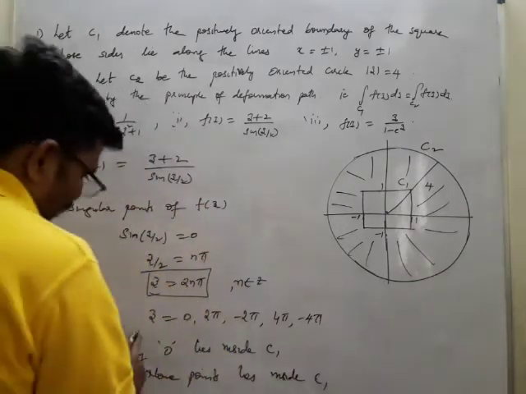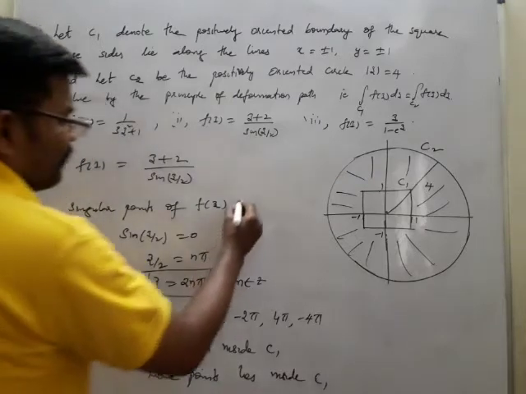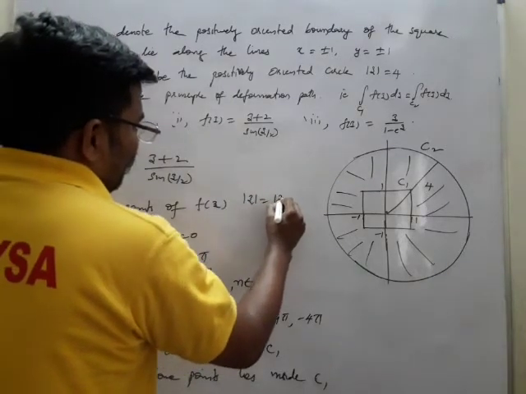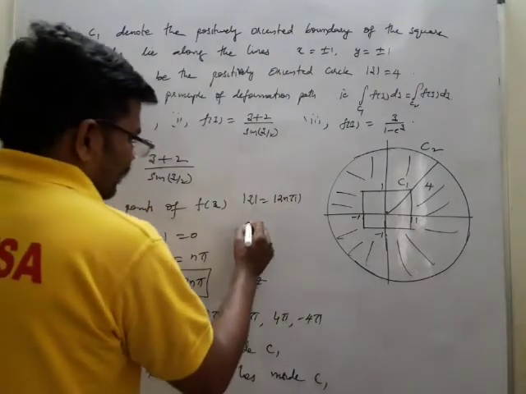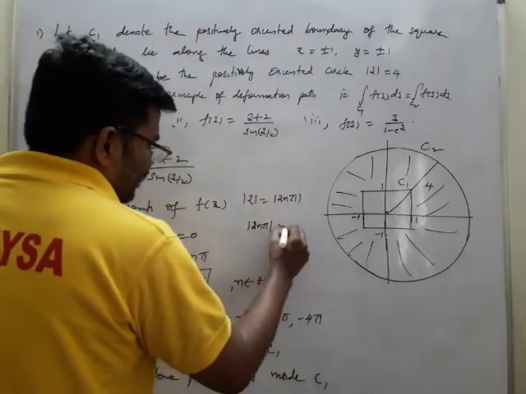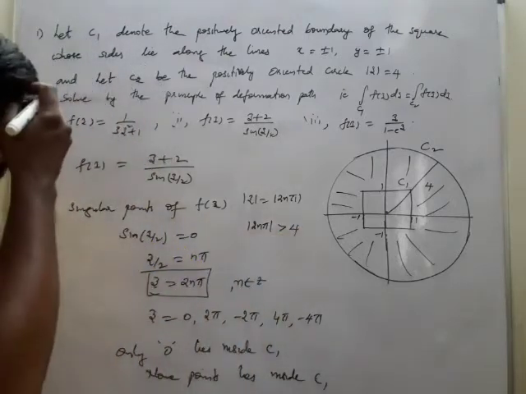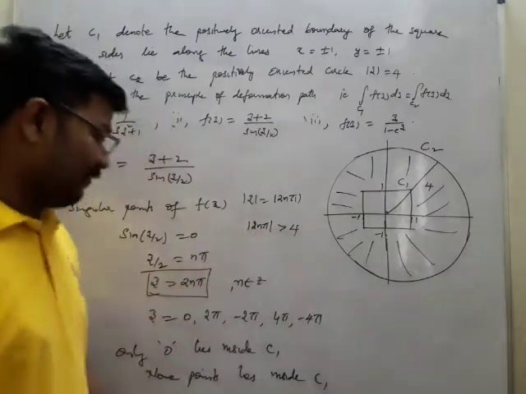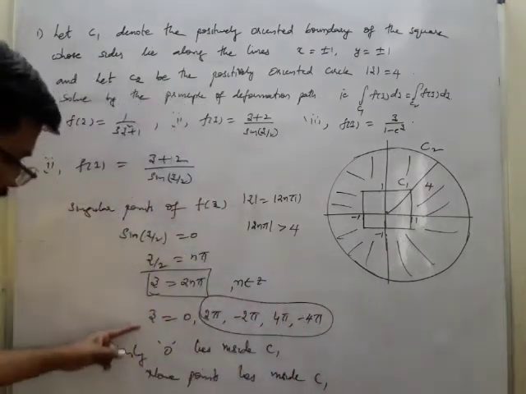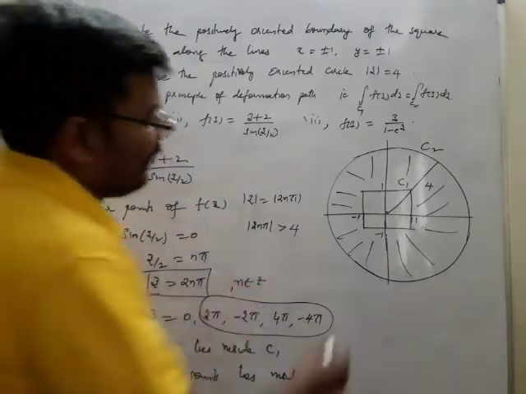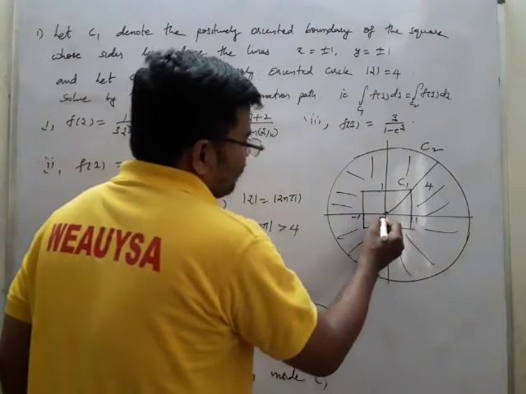If you take mod z equal to mod 2n pi, this is always greater than 4. Whatever value you take, it will always be greater than 4. So these points will lie outside. Only one point, z equal to 0, lies inside, that is here.